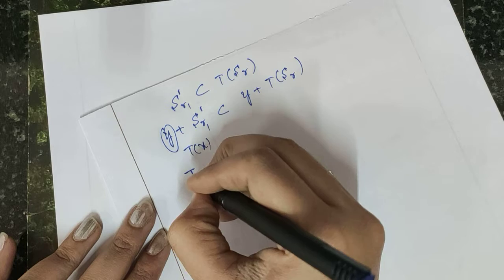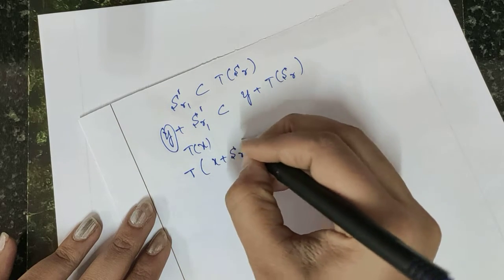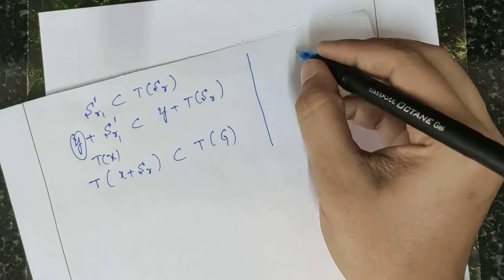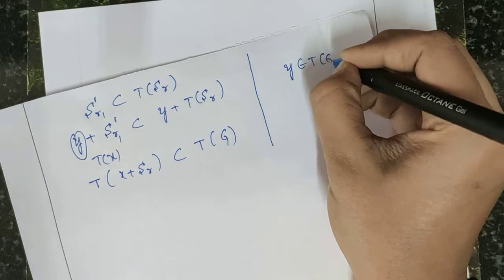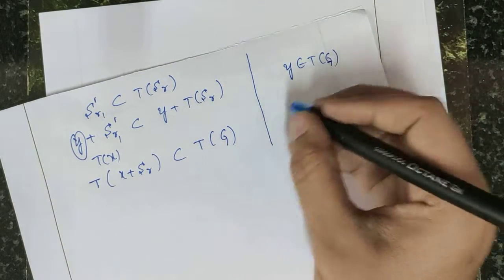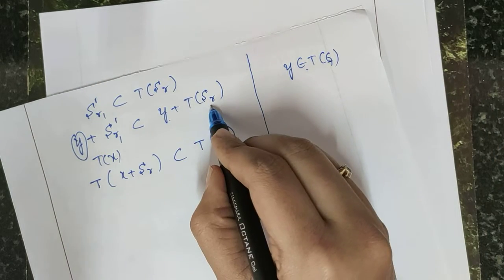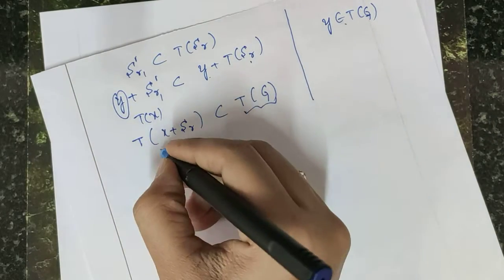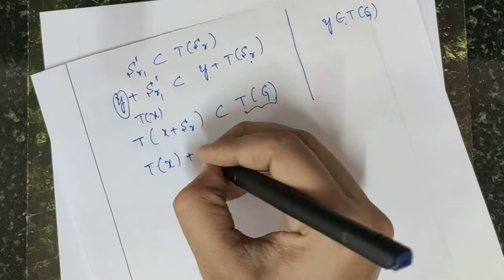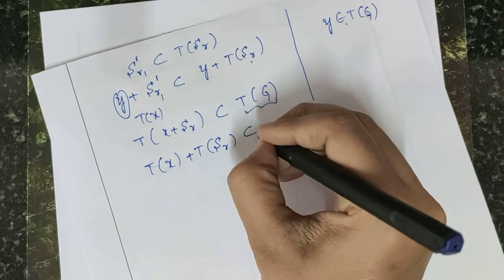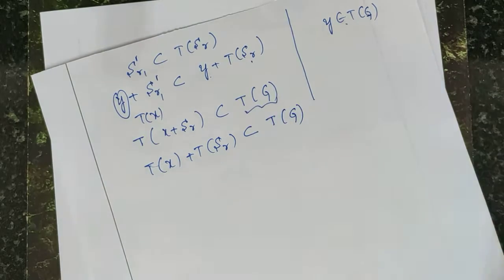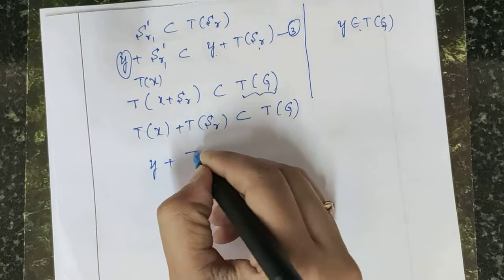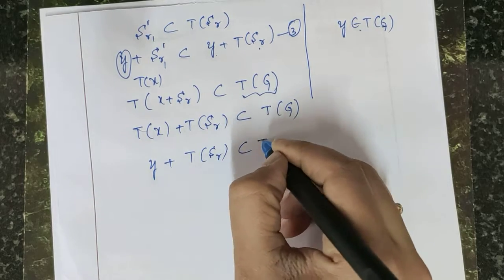So now I can write this as T of x plus SR is a subset of T of G, because initially we have seen that y belongs to T of G. Using that, I can write y plus T of SR in T of G. Okay, since T is linear, this is nothing but T of x plus T of SR is a subset of T of G. Again, T of x is nothing but y, so y plus T of SR is a subset of T of G.